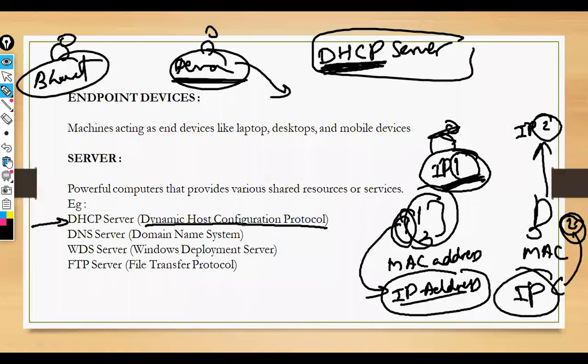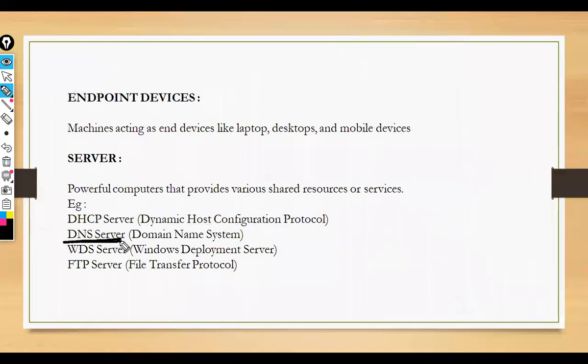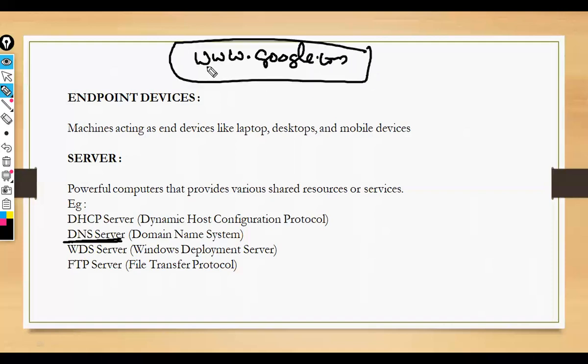Okay, and the next thing, DNS server. When you type www.google.com, we know this address, www.google.com or www.facebook.com. We know it, but the computers don't know it. Computers, again, I told you, work on the IP address. So when I do some Google search, actually what happens is that this www.google.com is called a domain name.